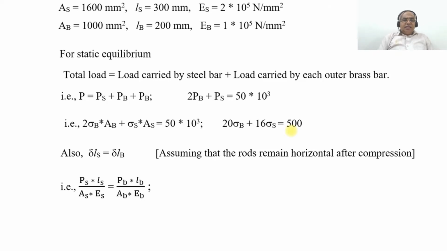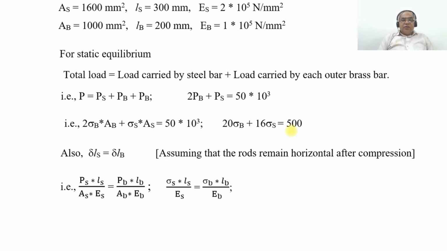So what is delta LS? Delta LS is nothing but PS into LS by AS into ES, which will be equal to PB into LB by AB into EB. So PS by AS becomes sigma S, giving sigma S into LS by ES is equal to sigma B into LB by EB.